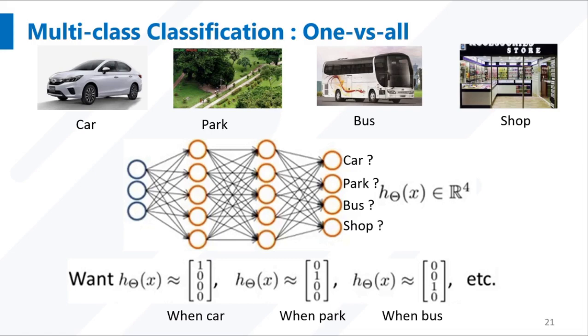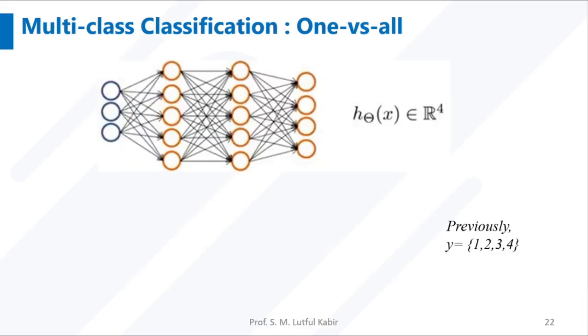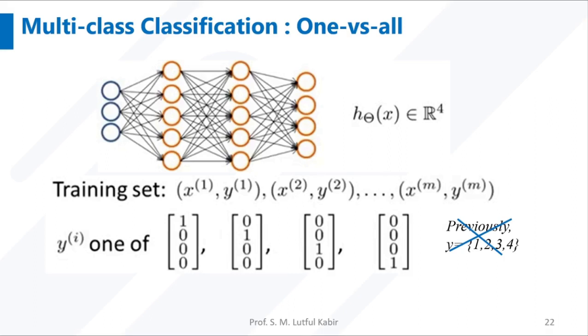So this is just like the one versus all method that we talked about when we were describing logistic regression. Here we have essentially four logistic regression classifiers, each of which is trying to match one of the four options. Whereas previously we had written out the labels as y being an integer from 1, 2, 3, or 4, instead of representing y this way, we are going to represent y as follows.